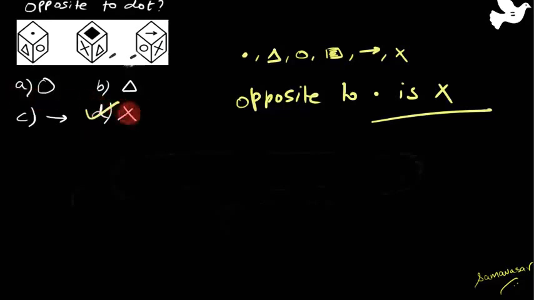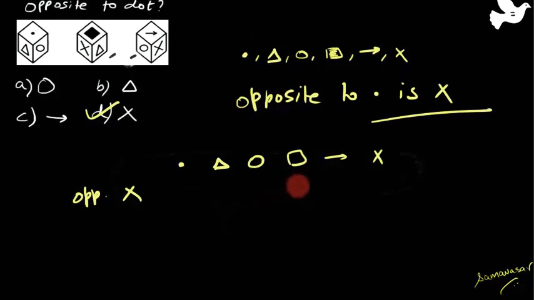This is my answer. If you do want to solve it, so let us say I was doing this. These are my symbols and let me try to find out what is opposite to X. So from these 2 views, square is not opposite. Okay, let me strike this off. This is X and this is what I'm striking out. So let me not use this, otherwise you may get confused.